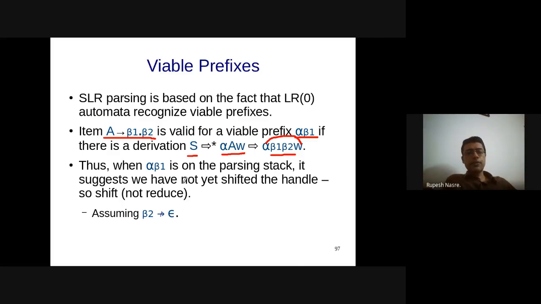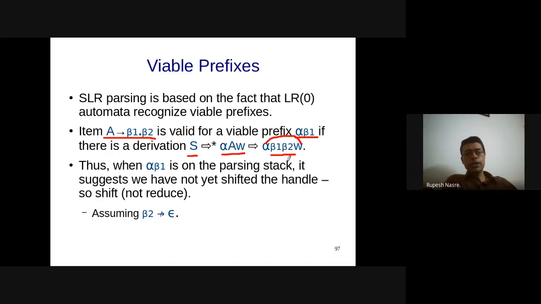That means that when alpha beta1 is on the parsing stack, we have not shifted the handle, and therefore we should shift beta2 rather than reducing alpha beta1 to A. And this is under the assumption that beta2 is not nullable.